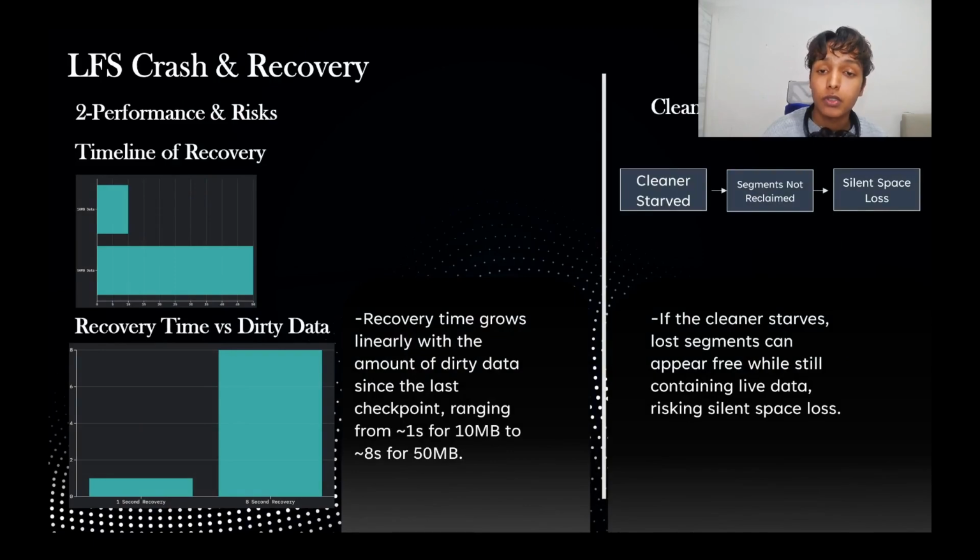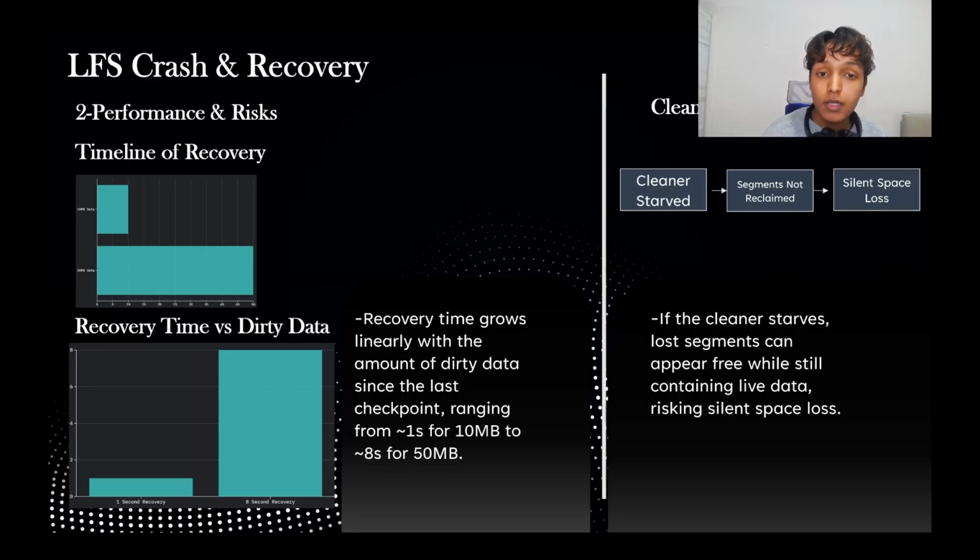Log structured file system recovery is very different from journaling. At mount time, the log structured file system reads the most recent checkpoint and then scans all segments written after that checkpoint. This is the roll-forward step.